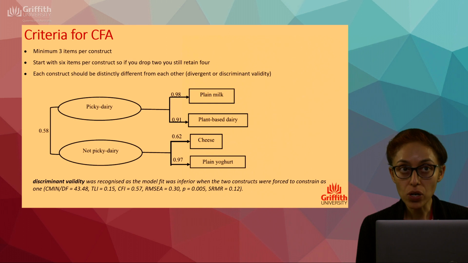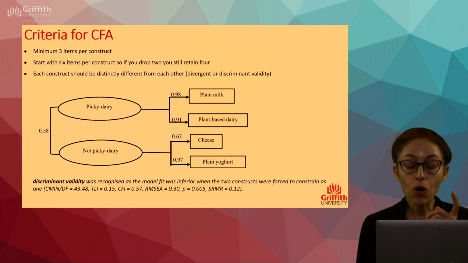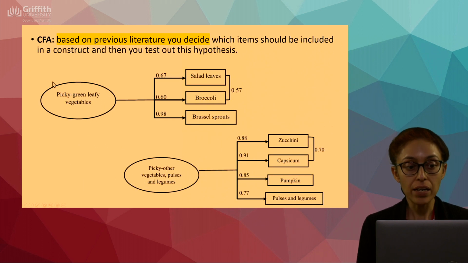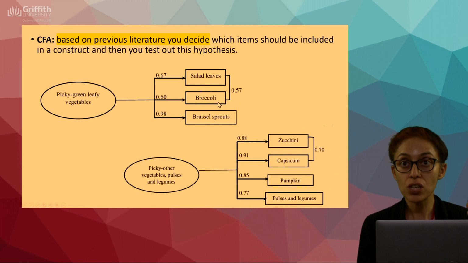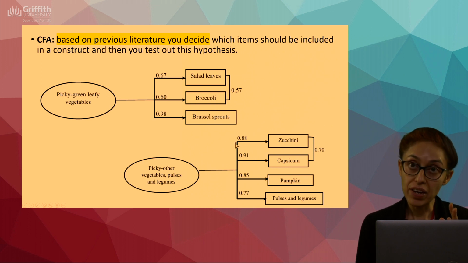So when you talk about construct validity, the concept is that you have this one construct, these 3 items sit well in one construct, and they are meaningfully assessing one thing, which is children's dislike towards dark green leafy veggies. What is discriminant validity?